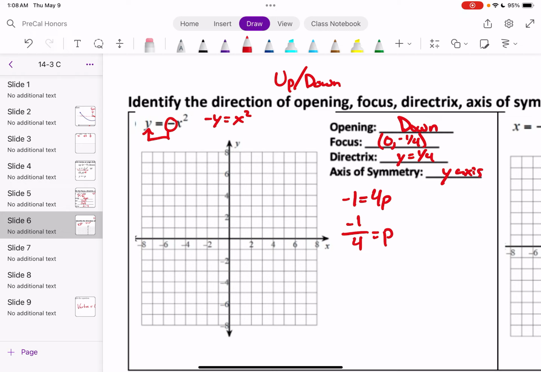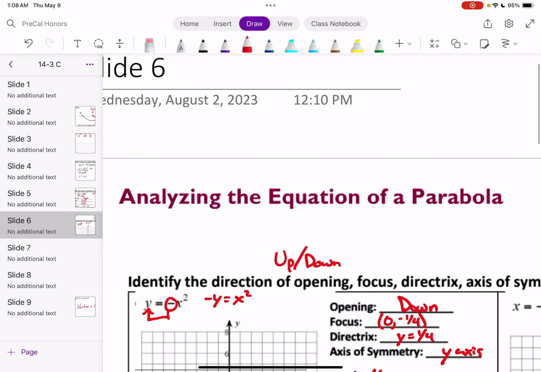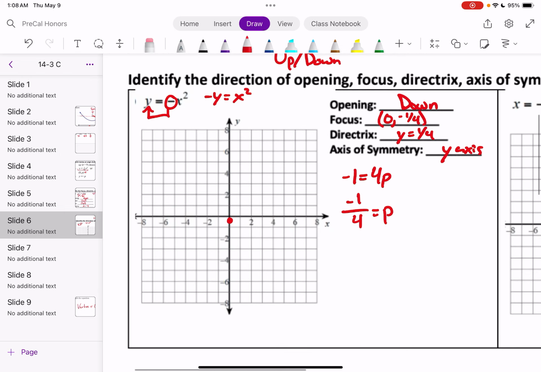Let's go ahead and draw this all up. First thing would be, we are at 0, -1/4. That would be the focus. Our actual line itself would go wrapping around downward.